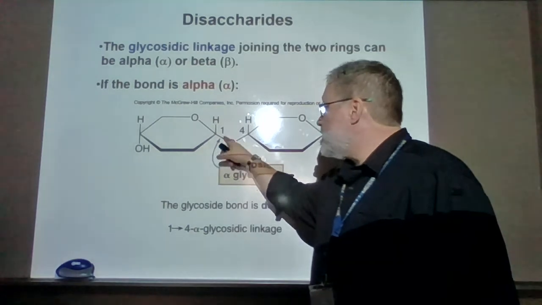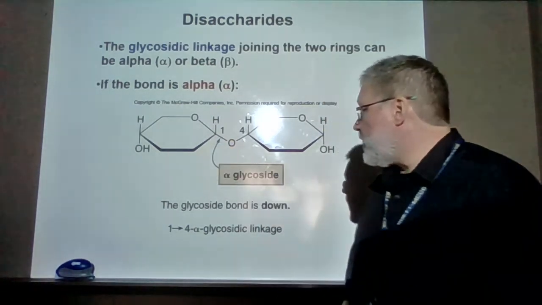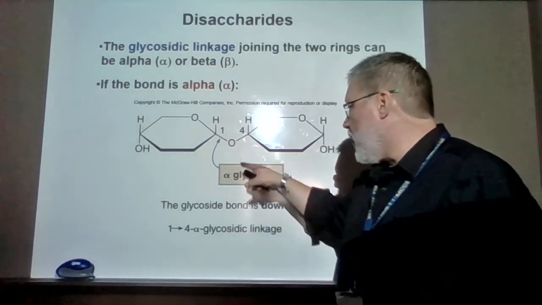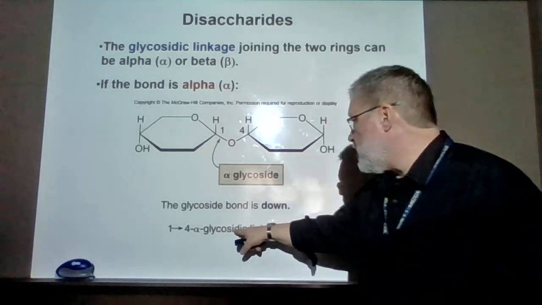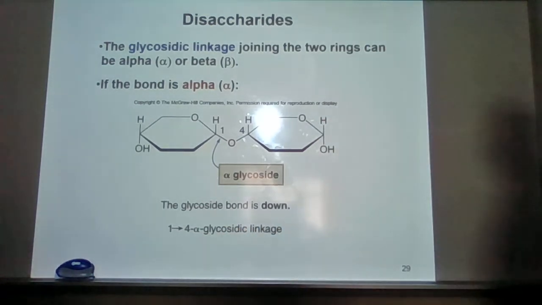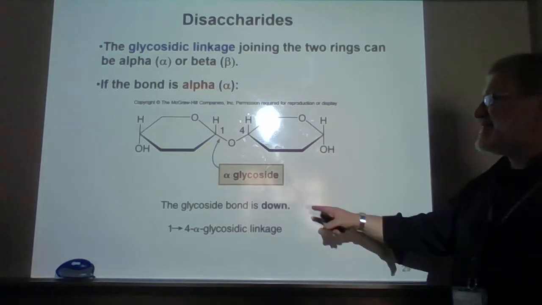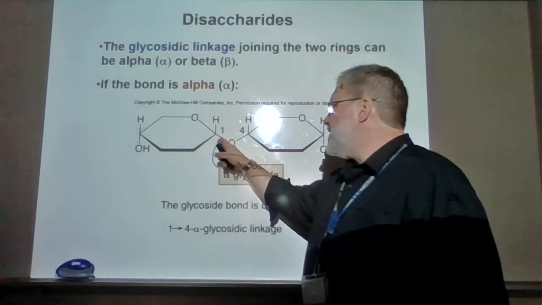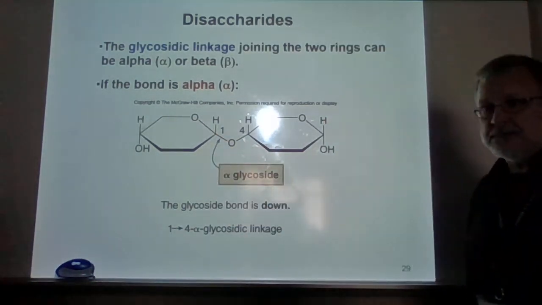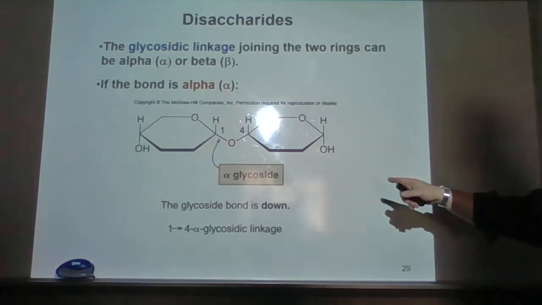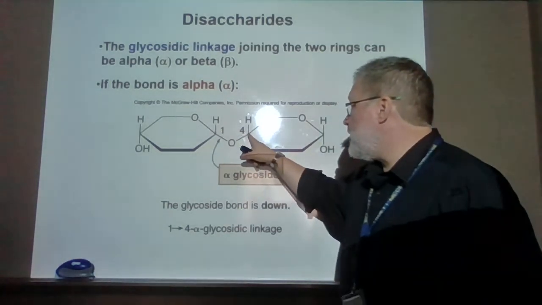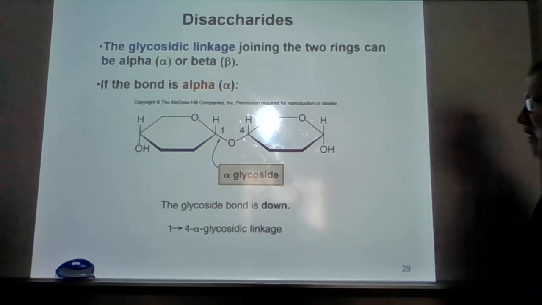This is an alpha configuration, therefore this is a 1,4 alpha glycosidic linkage. So the oxygen that is at C1 is in the alpha position. This is a 1,4, C1 C4 alpha glycosidic linkage.